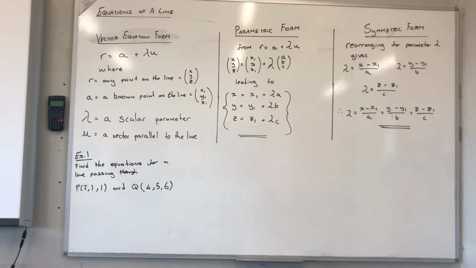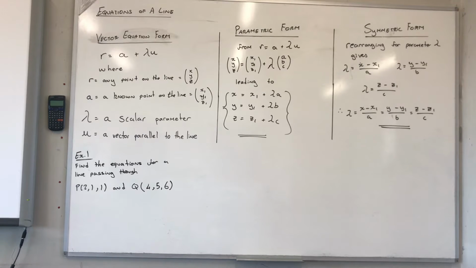Lambda is a scalar parameter, so for the most part it's going to stay as that symbol. I've seen s's and t's used; as long as it's a relevant symbol that doesn't get confused, it's fine. And u is a vector parallel to the line. You can either have a vector parallel to the line or a vector that goes through the line, because they are the same. So that is the vector equation form.